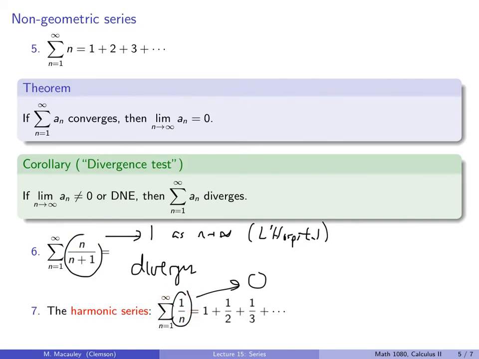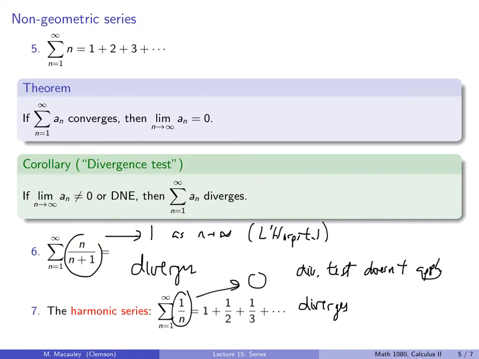So let's write that down: the divergence test doesn't apply. But we've got to be careful. Just because these terms go to 0 does not at all mean that this series converges. In other words, this series actually diverges.